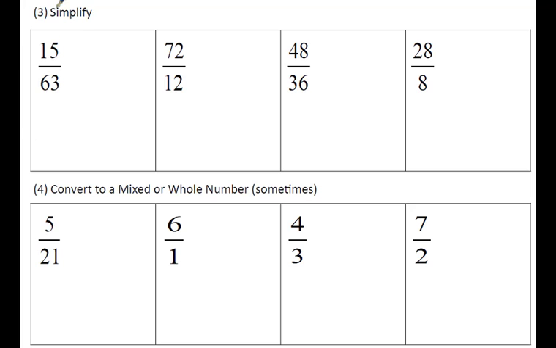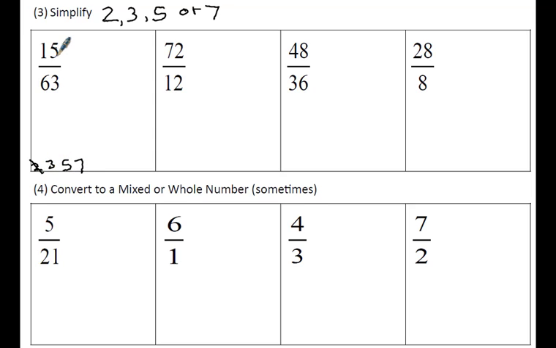The third step would be to simplify your final answer. And when we simplify, we want to see if both the numerator and denominator are divisible by 2, 3, 5, or 7. And normally if you look for 2, 3, and 5, and none of those factors go into the numerator and denominator, then that's normally good.